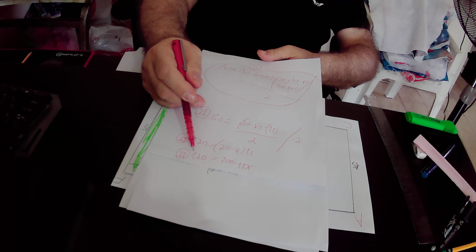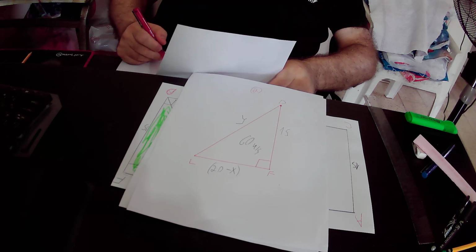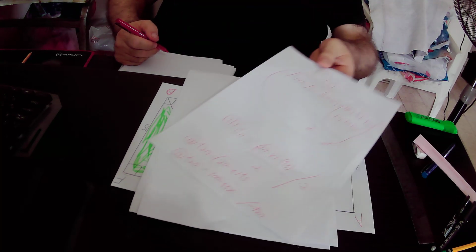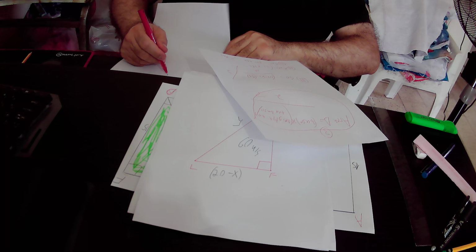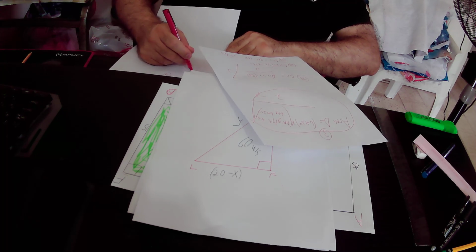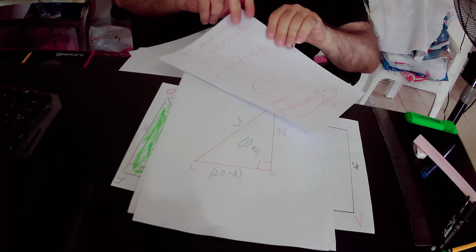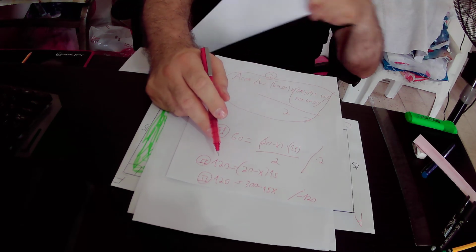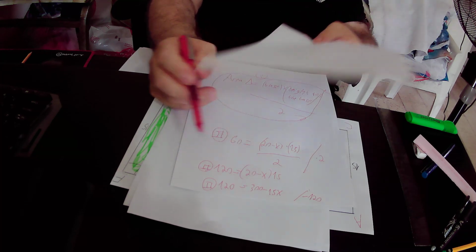Now we'll subtract 120 from equation number 2. 120 minus 120 equals 0, and 300 minus 120 equals 180.